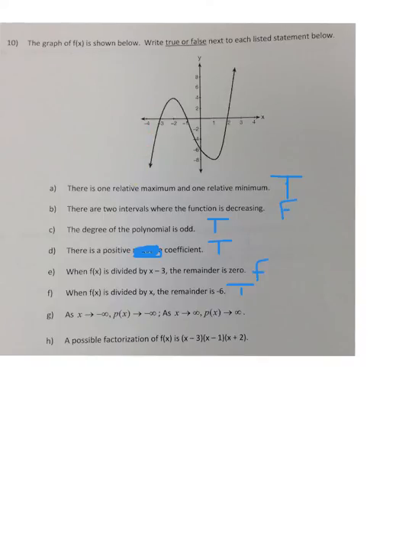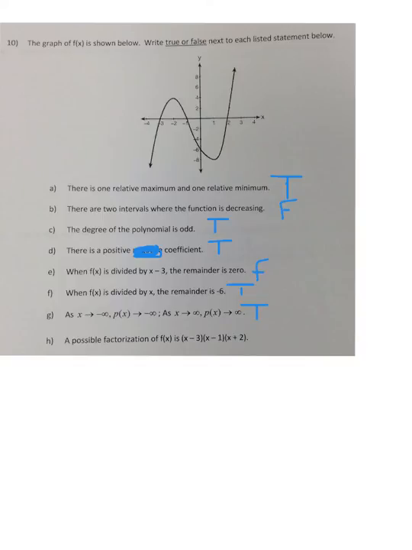All right, let's double check this one though. As x is going to infinity, aka as x is going to the right, y is going up. That's what that says. So as x is going to the right, y is going up. And let's look at that. As we go to the right, look at what happens. Yes, our y value is going up. So then G would be a true statement.